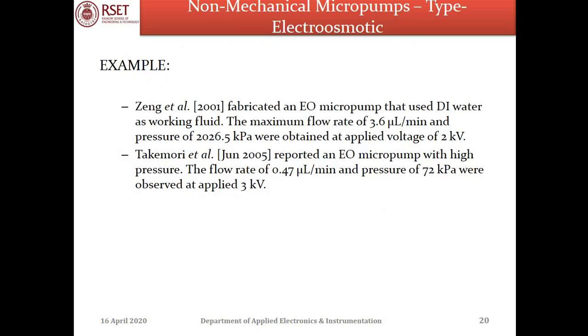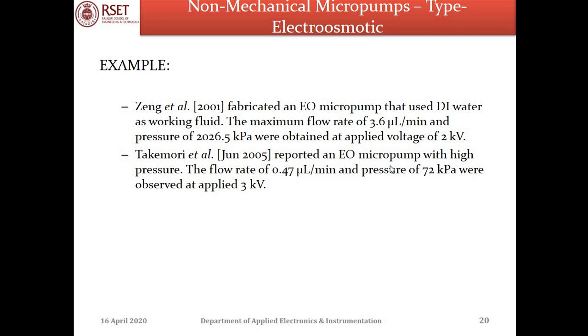Let us now look into a micropump, an EO micropump, that uses deionized water as working fluid. The maximum flow rate achieved was about 3.6 microliter per minute, and a pressure of about 2026.5 kilopascal was obtained when the applied voltage was about 2 kilovolts.